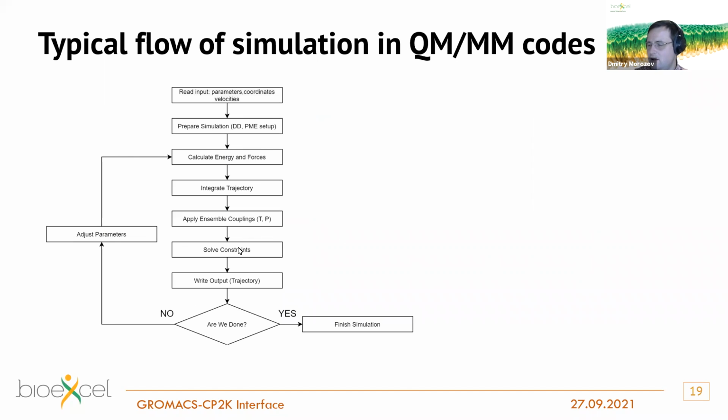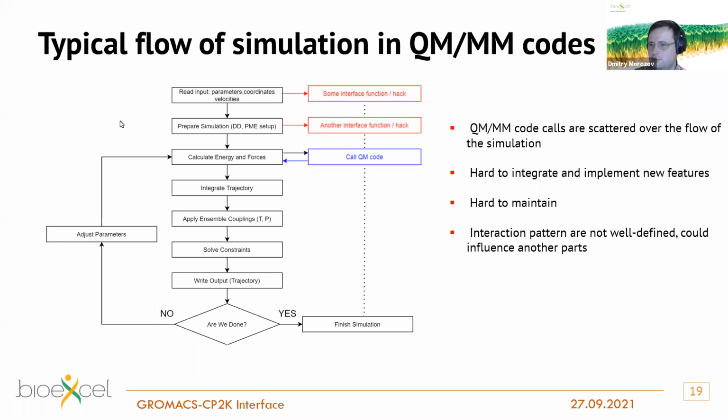And usually when you write some interface, it looks like that: on the side of this main cycle, you are always calling some additional functions, which make sure at each particular step that you are doing fine, that the whole quantum system is described correctly, and so on.